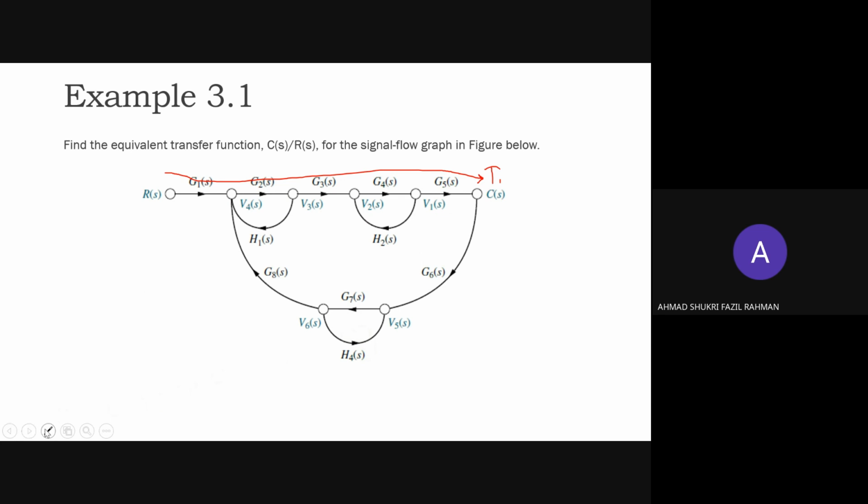So L3 is not touching any path that is related to T1. Okay, so that one would be the simplest explanation based from your observation.